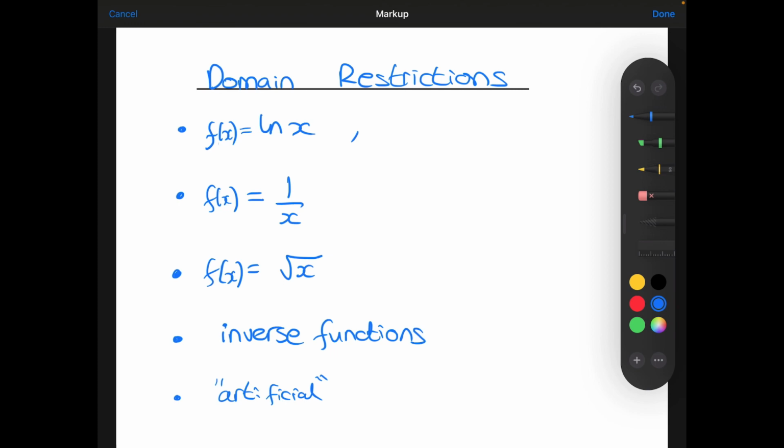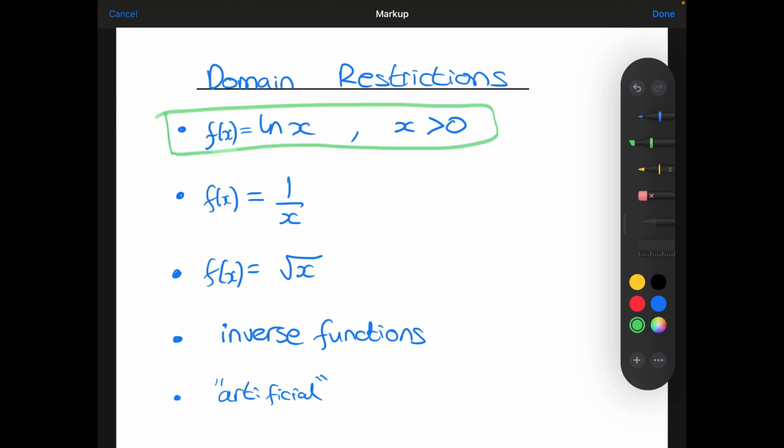So if I said f of x is equal to ln x, but x has to be greater than 0, so me putting this restriction on the domain over here, that's now telling the reader that x here has to be bigger than 0. And therefore now every value of x that's greater than 0 can be substituted into this. I will just get one value of y. So this is now a function.